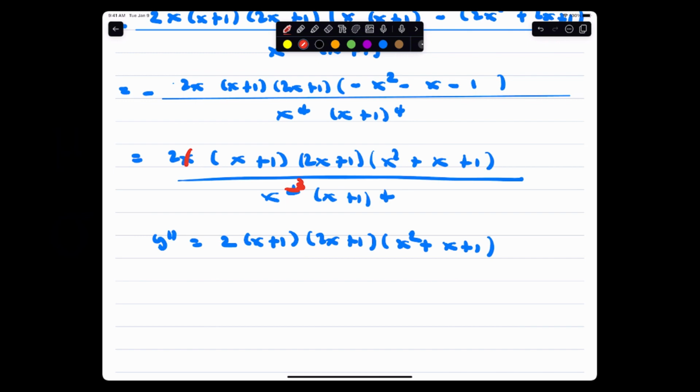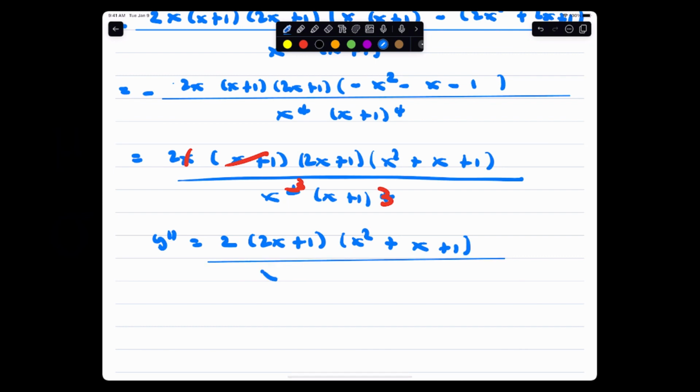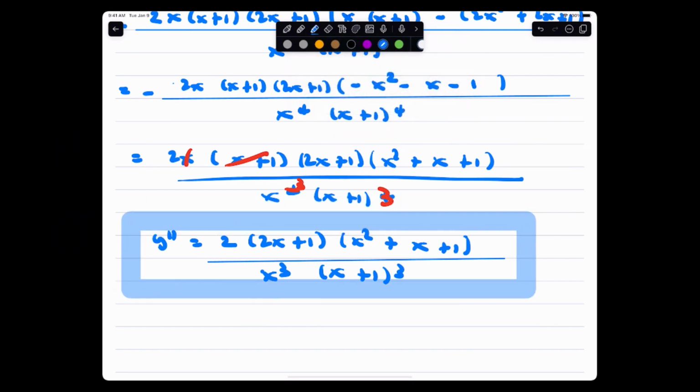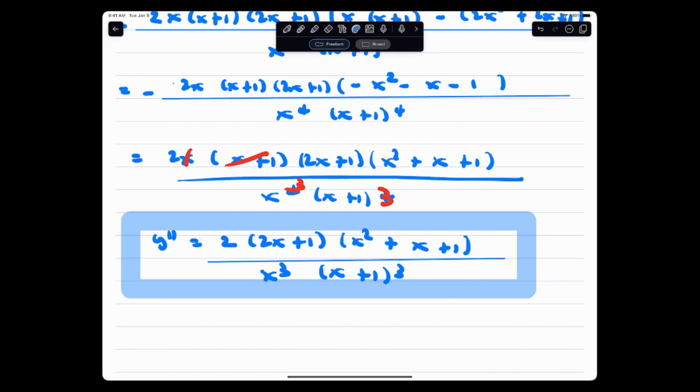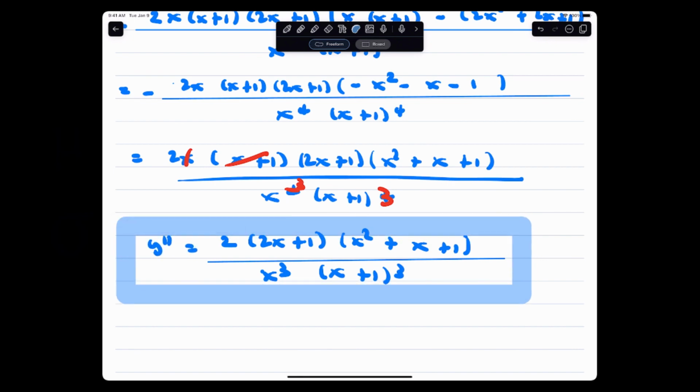Oh, and then here, this will be the third power. Okay. So 2 now. Negative where?